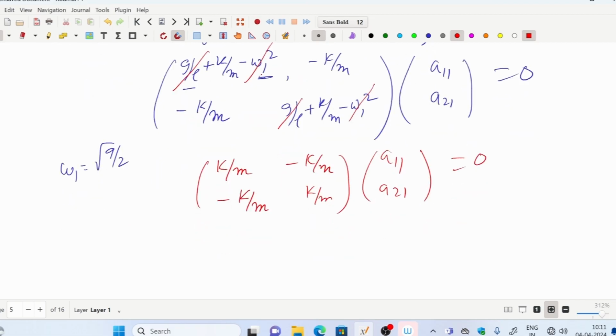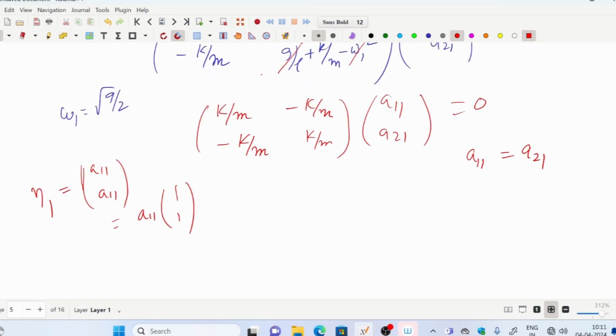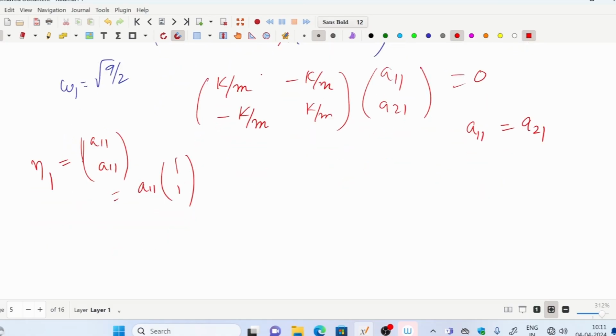If you solve, you will find that a11 equals a21. So the eigenfunction eta 1 you can write as a11 times (1, 1). There is no way to find a11 at this moment, but we will see in a general framework that we can normalize these eigenvectors to find this constant a11.